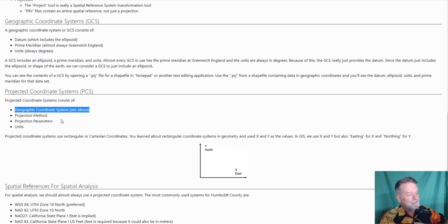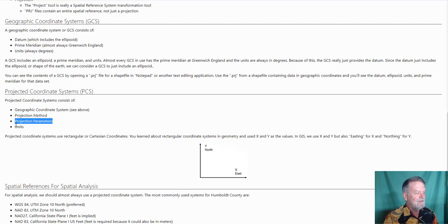However, added to a projected coordinate system is now a projection method. We'll talk more about those. And then parameters for that method. And then the units here are linear units, and they're important because they could be feet. In fact, they could be US or international feet. They could be meters. That's mostly what we see, but you can see other units as well.